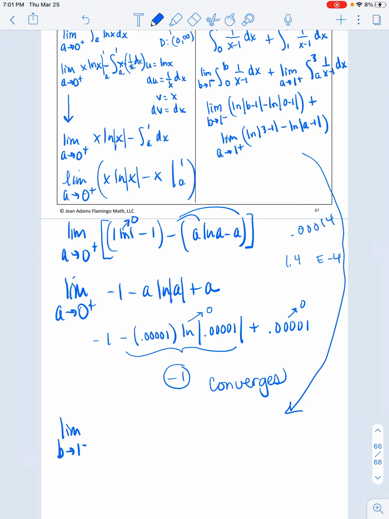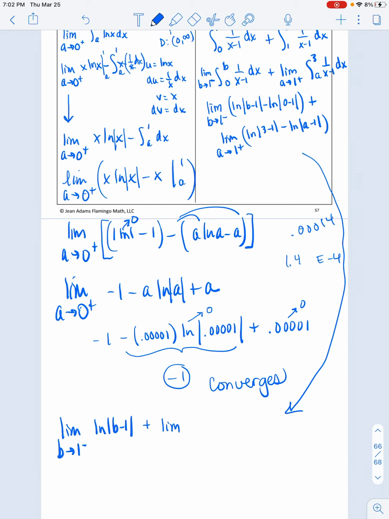So we've got the limit as b goes to 1 from the left, ln absolute value of b minus 1, and then this is going to be ln of 1, right?